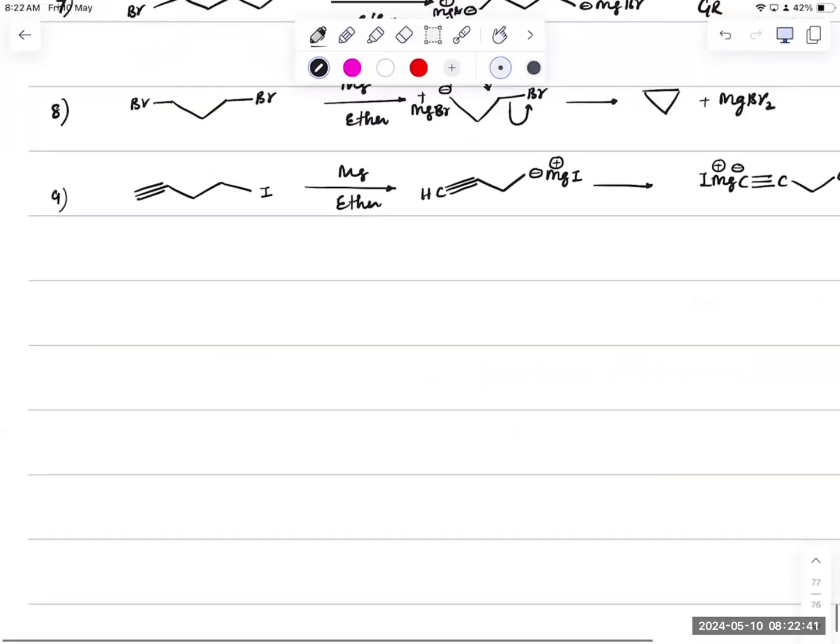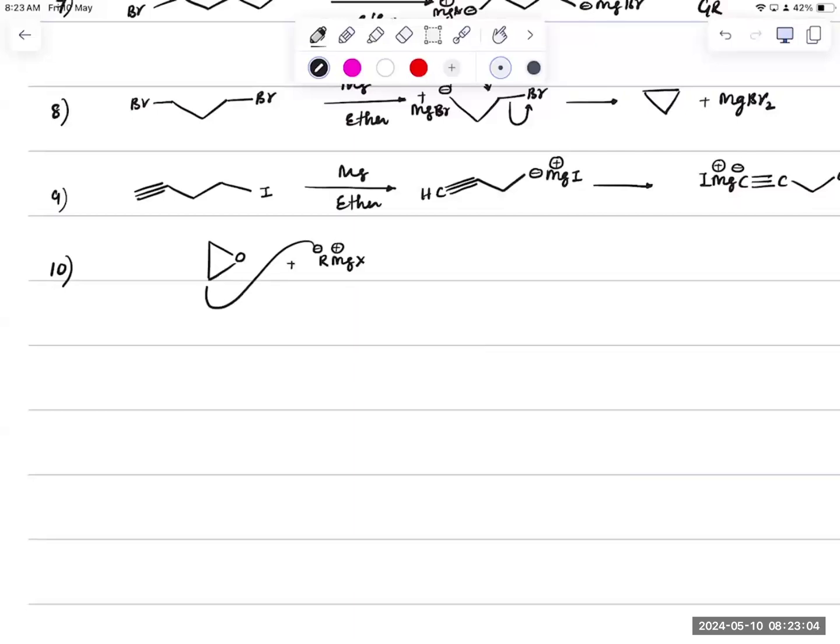Okay. Another thing where Grignards cannot be formed: suppose you take, for example, oxirane like this, and then you treat this with RMgX. RMgX generally is stable in ethers except for this ether. So the minus part and plus part, if you notice, this minus part will attack here and goes for an SN2 reaction, thereby you will get R combined with these two carbons with O minus and MgX plus.